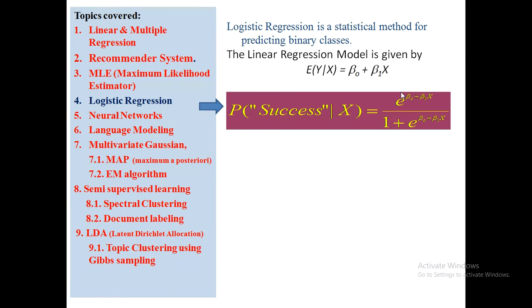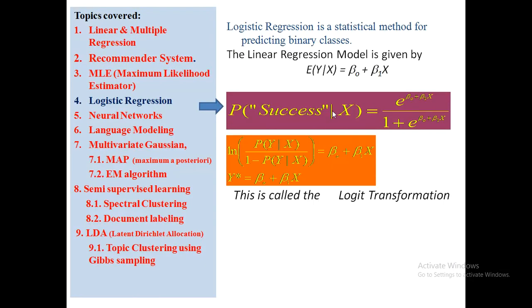So this estimated y, we take it like e to the power estimated y divided by this. That is the probability of success given x, because we have two classes, class 1 and class 2. And by restructuring this equation, we get the equation like this. Now, if we replace this term with y star, a new variable, this structure is like linear regression.